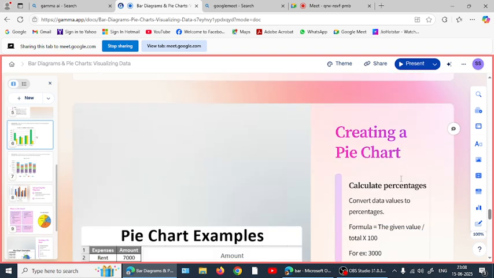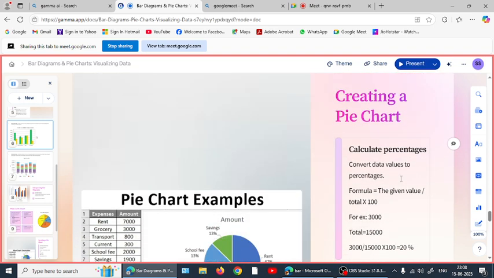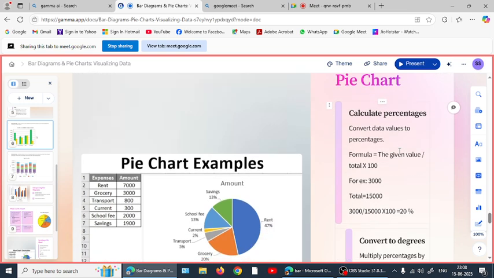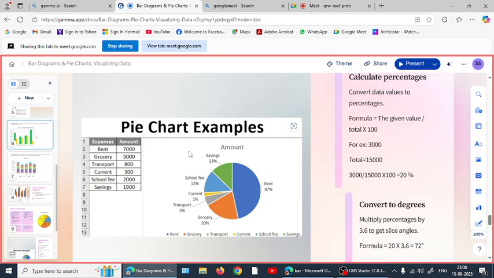Next is how we create each slice and how we can draw it. For that I inserted an example chart. In that chart, first we have to calculate the total.